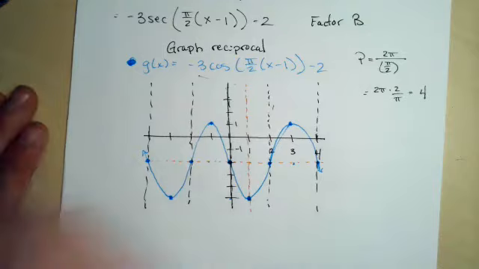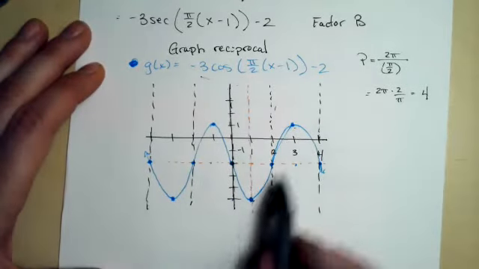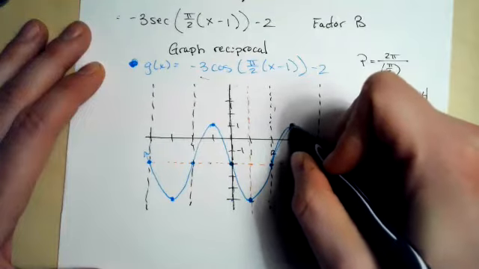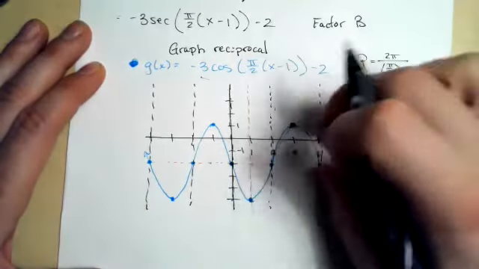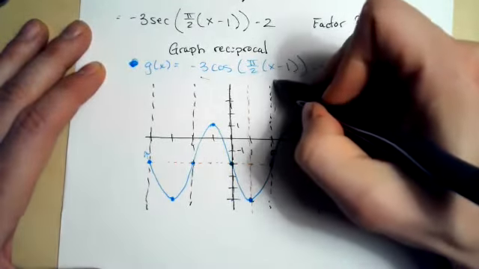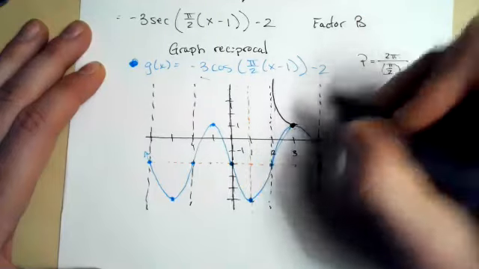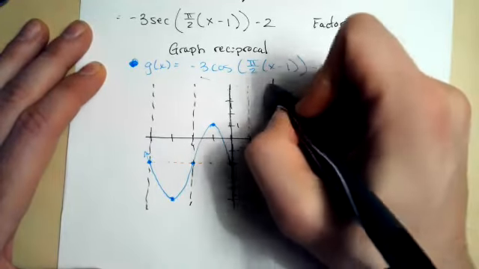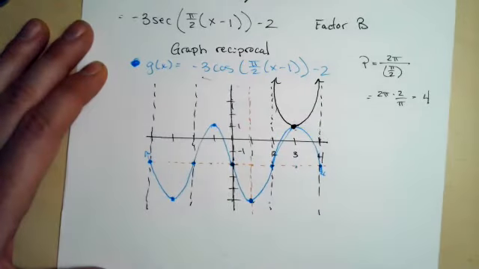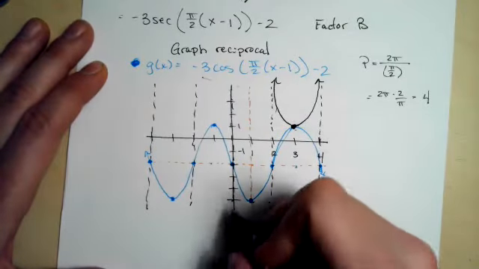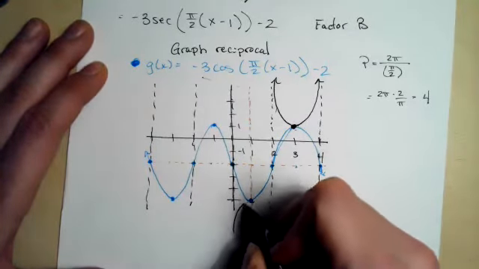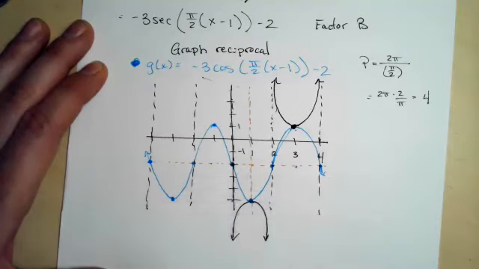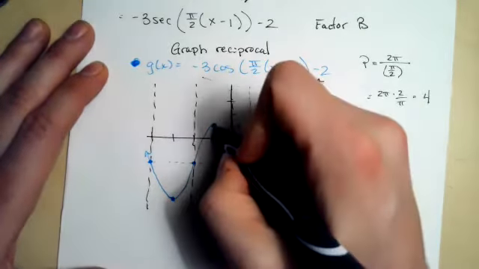And now in between the asymptotes, you're either going to have a peak or a valley. Just invert those. So wherever this peak is, put a dot. And then since it's a downward hump, we're just going to invert it and put a U. So it's going to touch right at the max. And then it's going to go up and trace the asymptotes. On the valleys, it's just going to be an upside down U. Got a peak.